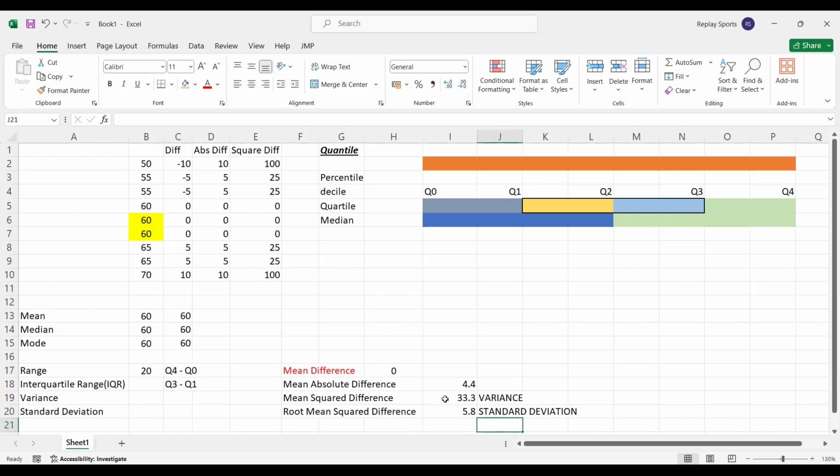And you know why we calculate mean square difference? Because difference itself is not enough. We need to convert negative into positive, and also we want to retain that property: if the difference is large, it should come out even larger. So we're doing square, then you do the average, and that becomes your variance.